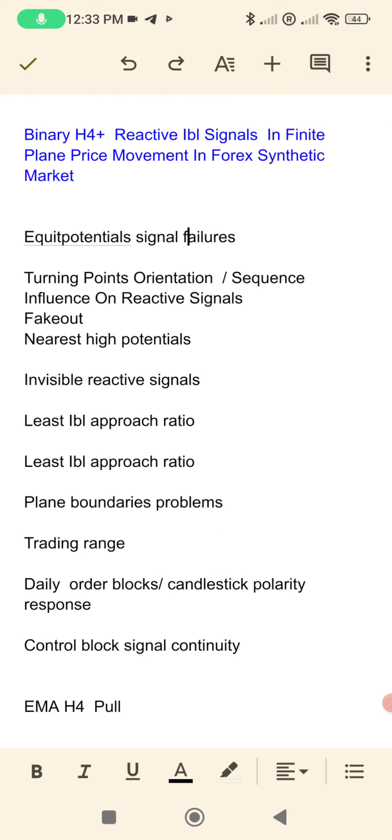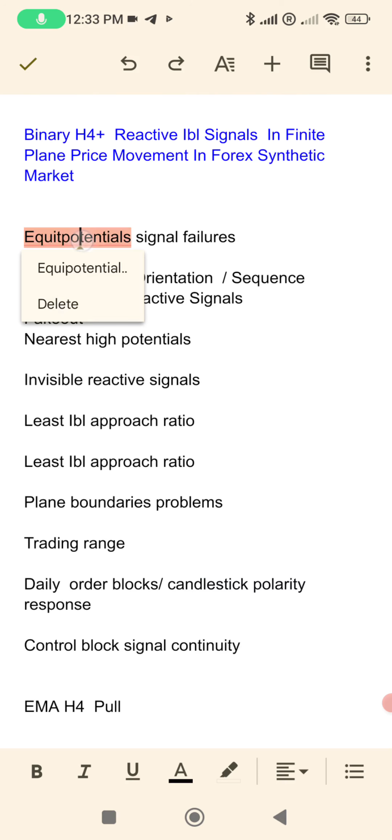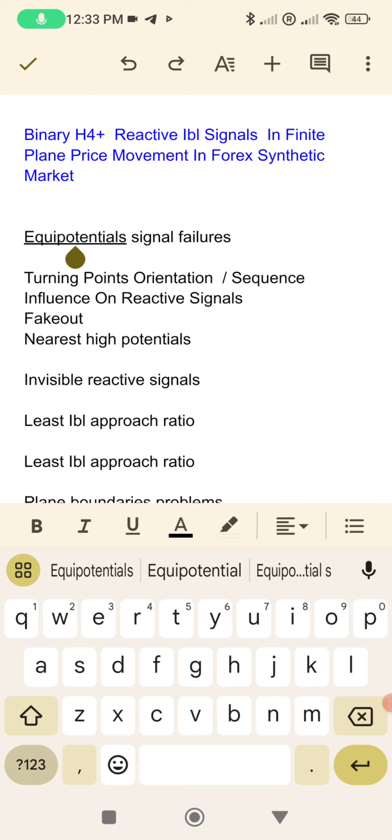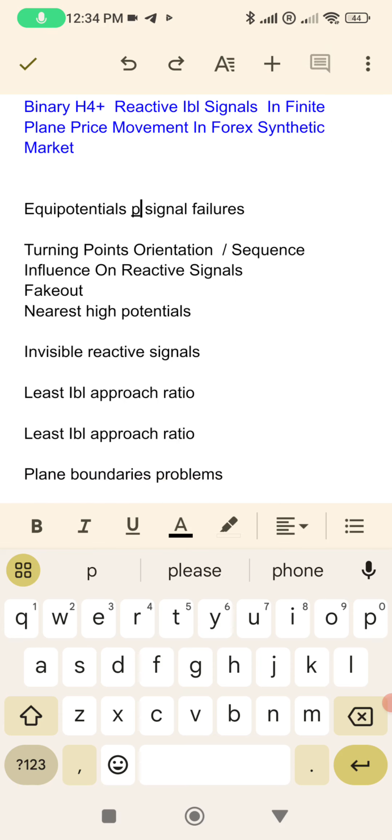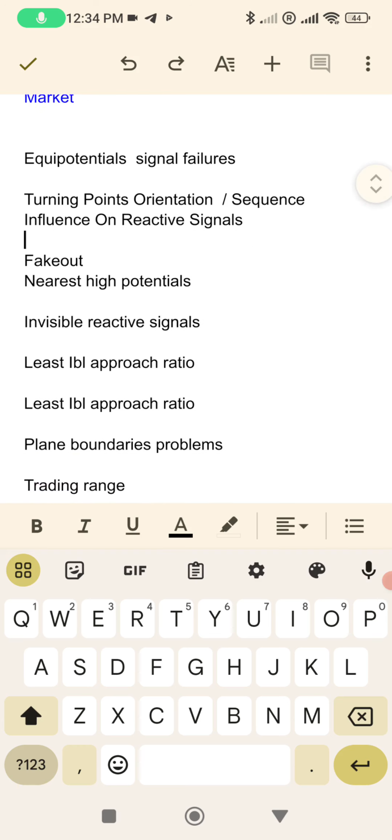The terminologies that are involved include equipotentials signal failure, turning points orientation or sequence influence on reactive signals, then we have Fakeout, nearest high potentials, invisible reactive signals, least IBL approach ratio.